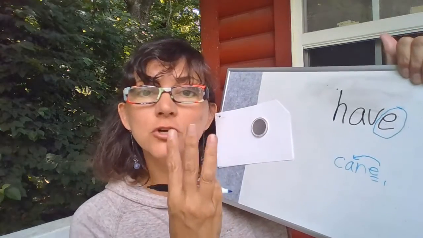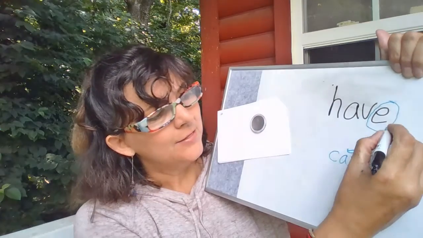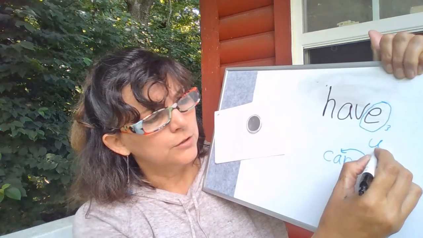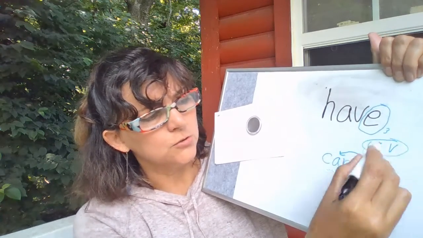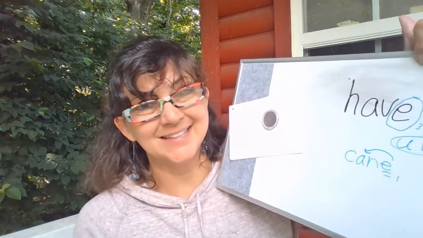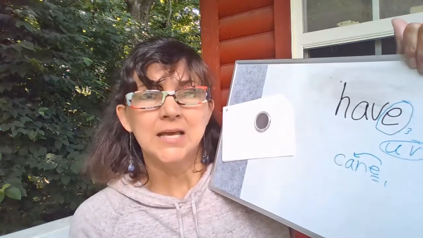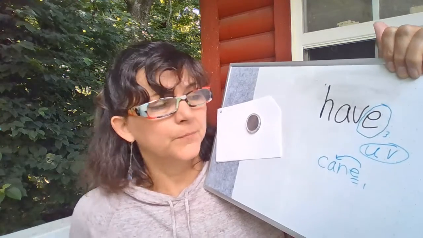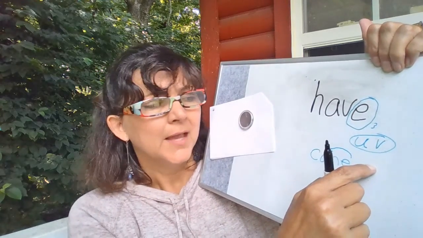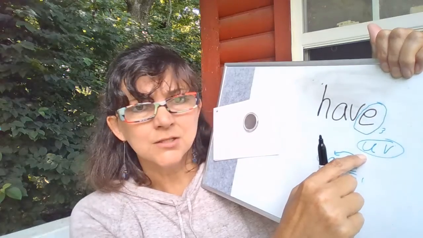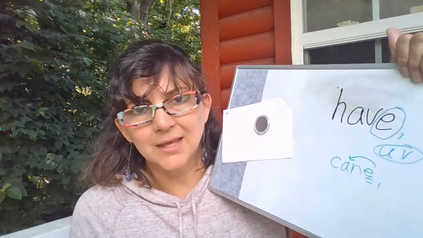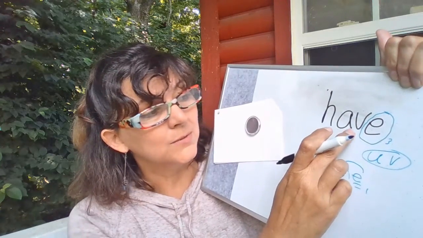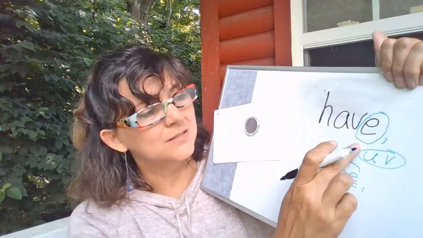It's doing its third most important job, and that third job deals with U and V. English words generally do not end in U or V. If there's a word that ends in a U or V, it has a different language of origin. But this is Old English. And since words don't end in U or V, we have to put something at the end to make it not end with a V. So it's its third job.